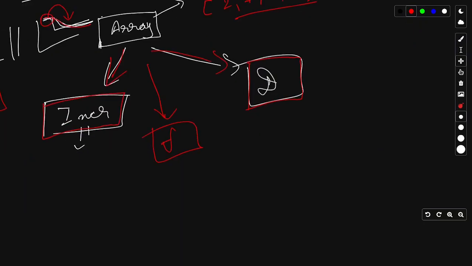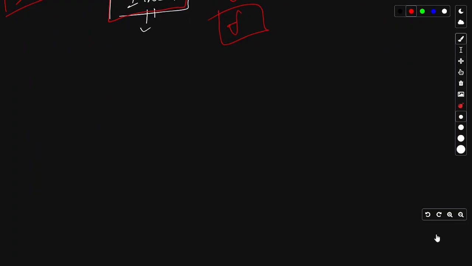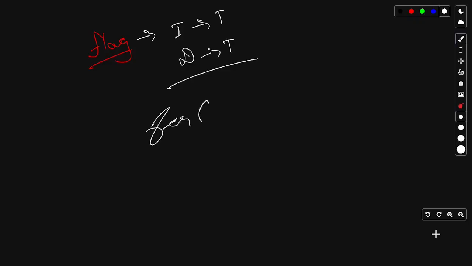The second way to implement this solution is to use flags. We can initialize two flags, increasing and decreasing, as true. Then we can run a for loop or a for each loop, and write conditions for two adjacent elements.